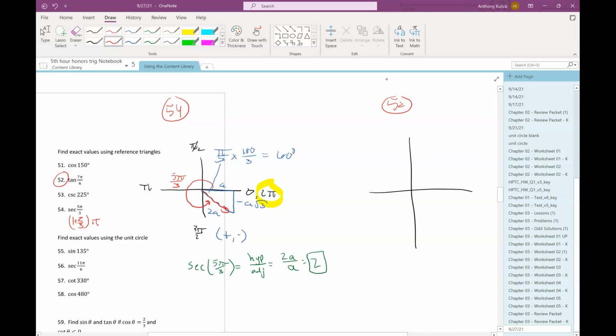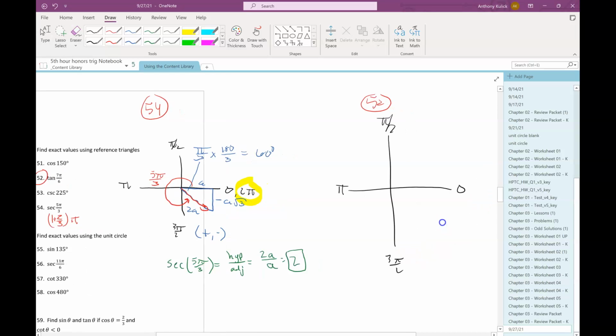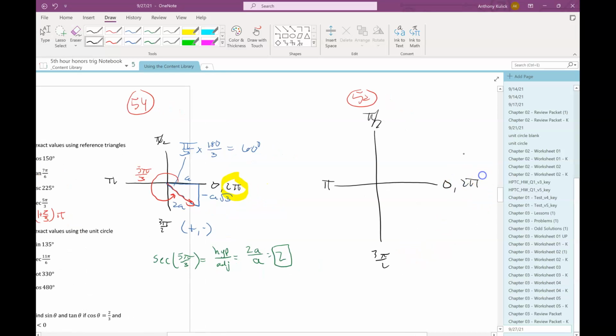Okay. So 7 pi over 6. Again, I'm going to remember 0, pi over 2, pi, 3 pi over 2, and then back to 2 pi again. So 7 pi over 6 is basically 1 1/6 pi. So I'm going to go 1 pi and then like a 1/6 more.